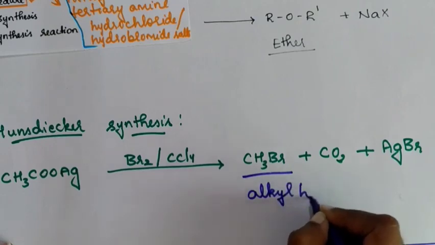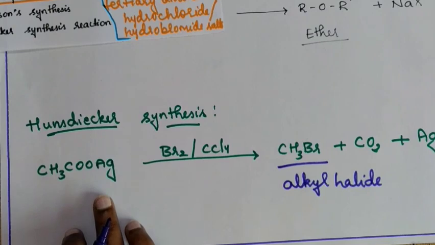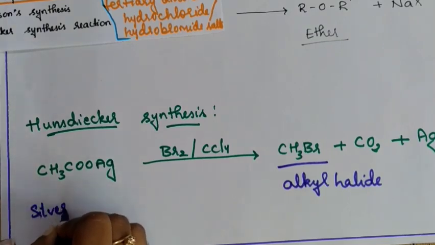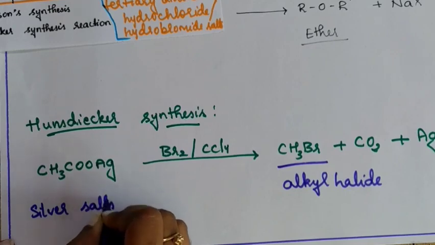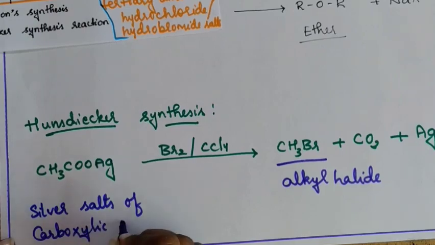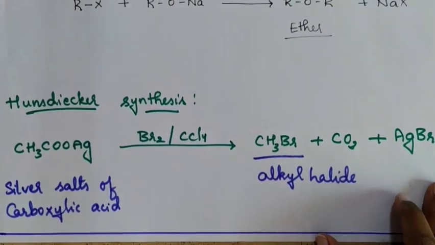But the reactant which we use here is silver salts of carboxylic acid, in the presence of bromine and CCl4.